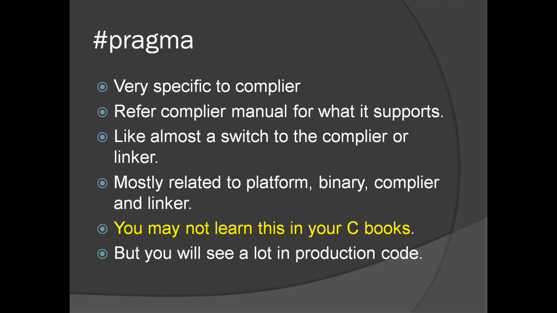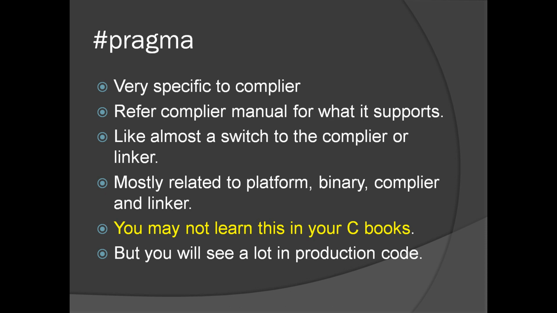Now hash pragma. Hash pragma is another directive in which we can give very compiler-specific instructions in the code. So we have to refer to the compiler manual for what it supports. Most of the hash pragmas are internally compiler switches which can be given through the source code, or linker switches.